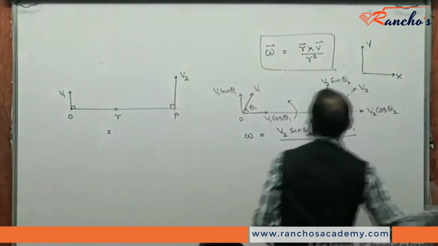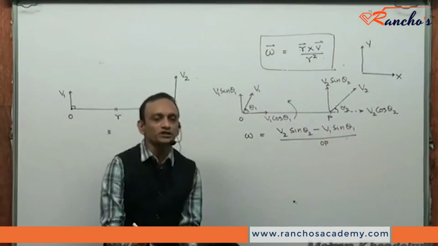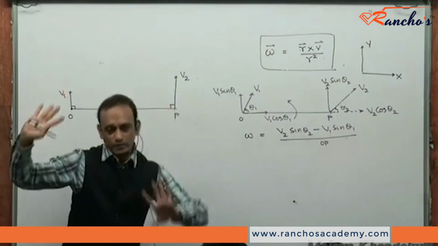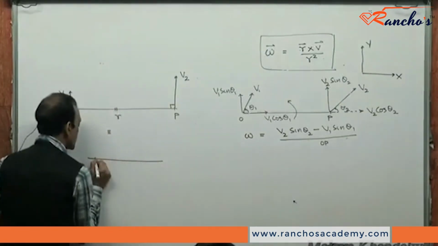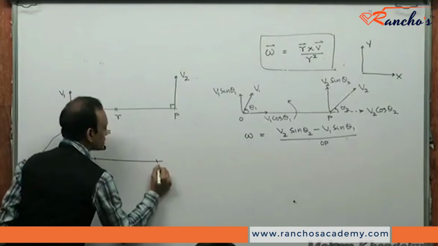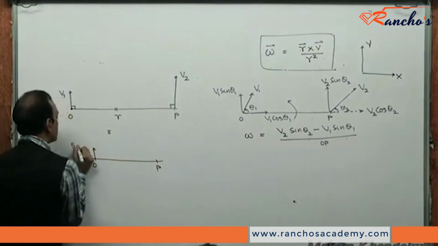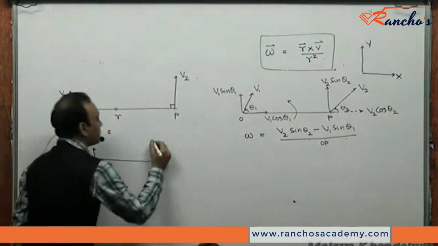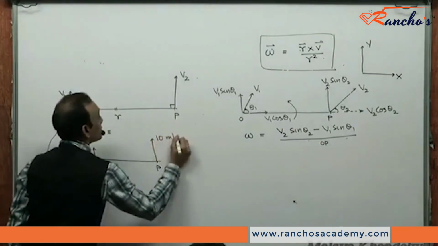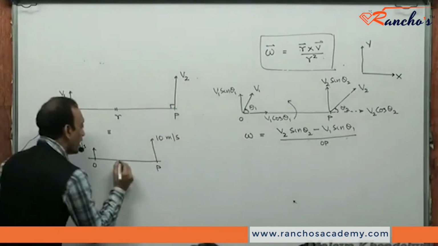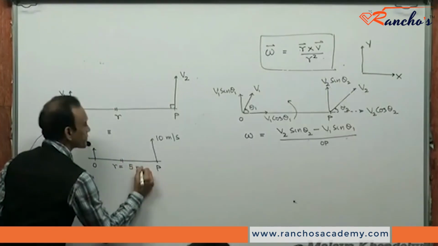Look, first of all, the only velocities that participate in production of omega are velocity components perpendicular to OP. So suppose O was like this, P was like this. O had a velocity 5 meters per second perpendicular to OP, and P had a velocity say 10 meters per second perpendicular to OP, and say the separation between them was 5 meters.